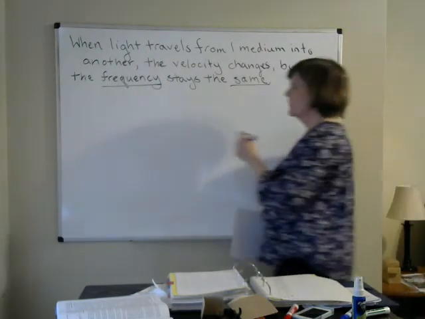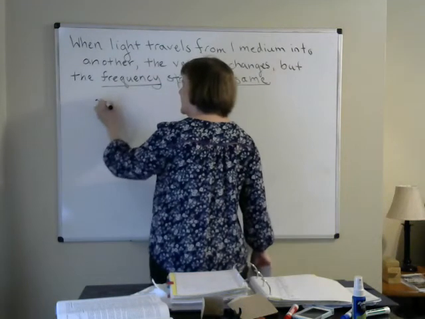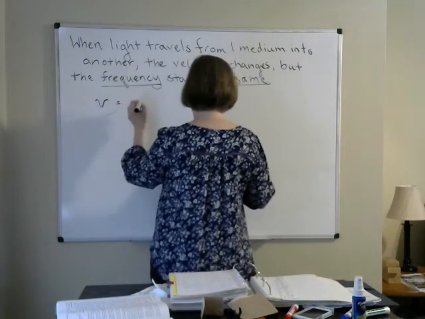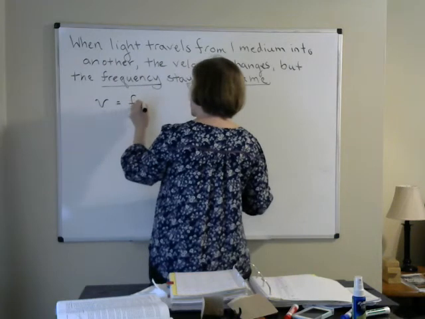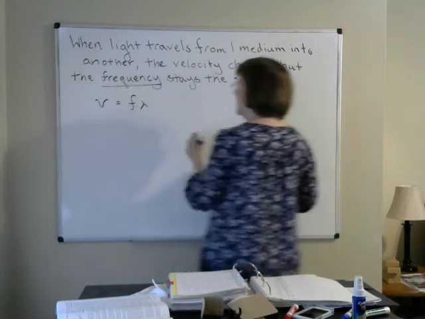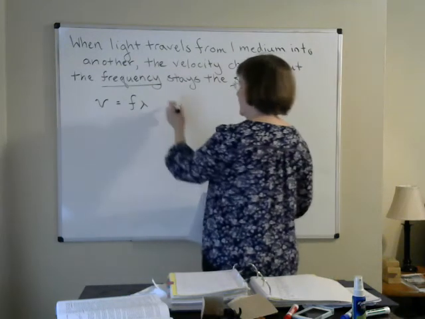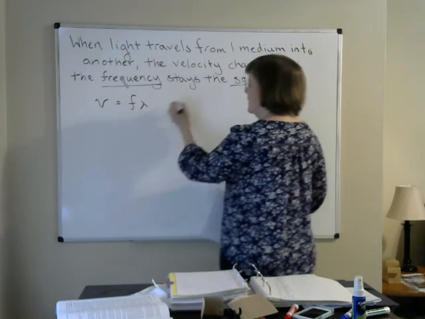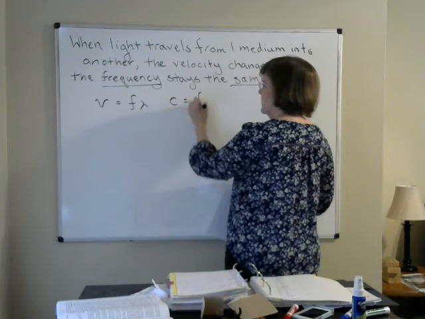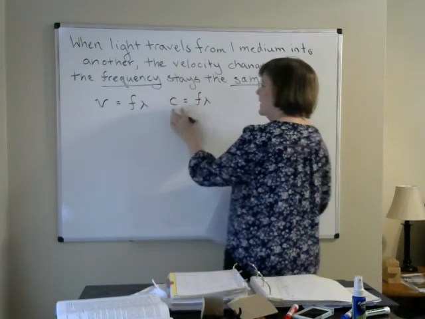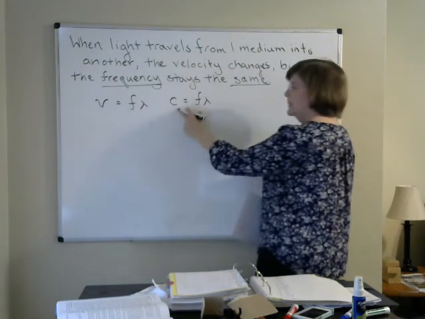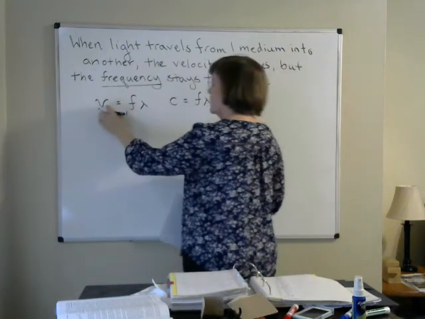If we think of our favorite equation for waves, v equals frequency times wavelength. When we think about light, let's assume the light is traveling in a vacuum. Well, it doesn't even really matter. We often write this as c equals f lambda when light is traveling in a vacuum. If the light's traveling in something else, this is more appropriate.